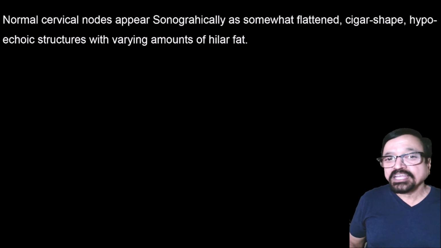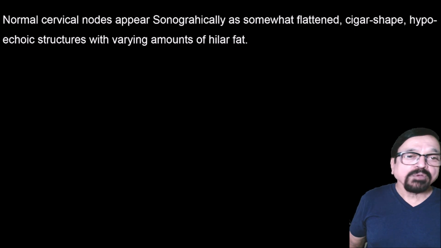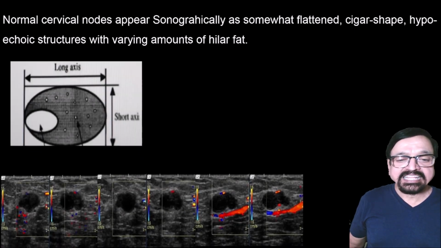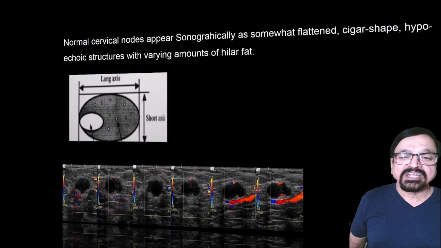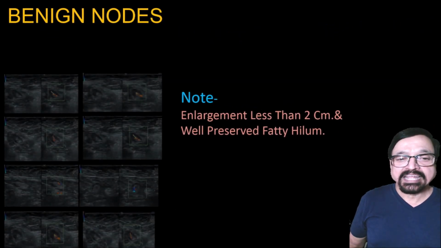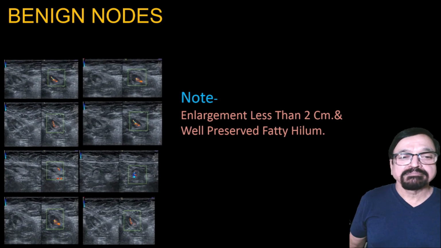Now normal cervical nodes appear on sonography as somewhat flattened, cigar shaped, hypoechoic structures with varying amounts of hilar fat. These are the normal lymph nodes which we are seeing. Cervical nodes enlarged but not suggestive of malignancy. Now again benign nodes, you are seeing here 100% benign, perfect benign nodes, how they look.